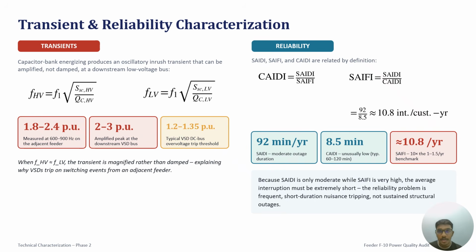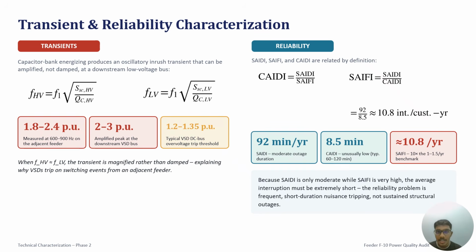But at the downstream VSD bus this amplifies to 2 to 3 per unit, because when the high voltage and low voltage resonant frequencies nearly match, the transient is magnified instead of attenuated. The amplified peaks sit above the VSD DC bus trip threshold of 1.2 to 1.35 per unit, which is exactly why drives are tripping on switching events from a feeder they are not even directly connected to.